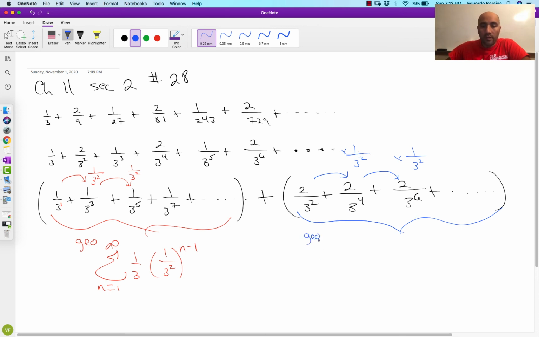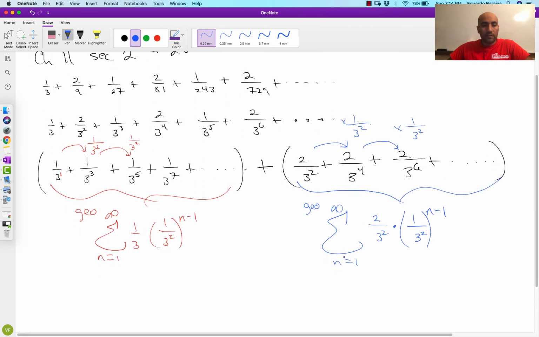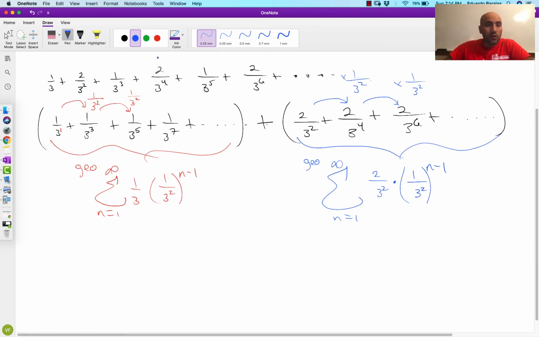So this is also going to be a geometric series that goes from 1 to infinity of the first term, which is equal to 2/3 squared, times 1/3 squared, and the whole thing raised to the power of n minus 1. Again, if you do a little guess and check, you can confirm that it all works out. And since they're both geometric series, here's one where a equals 1/3 and r equals 1/3 squared, which is 1/9. And 1/9 is definitely less than 1, so it converges.